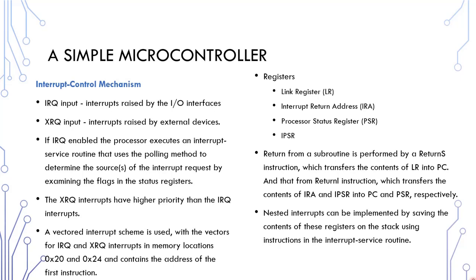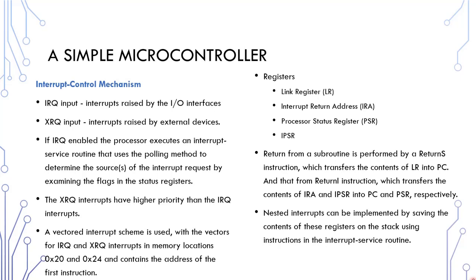Return from an interrupt is performed by the ReturnI instruction which transfers the contents of IRA and IPSR into PC and PSR respectively. Since there is only one IRA and IPSR register, nested interrupts can be implemented by saving the contents of the registers on a stack using instructions in the interrupt service routine.